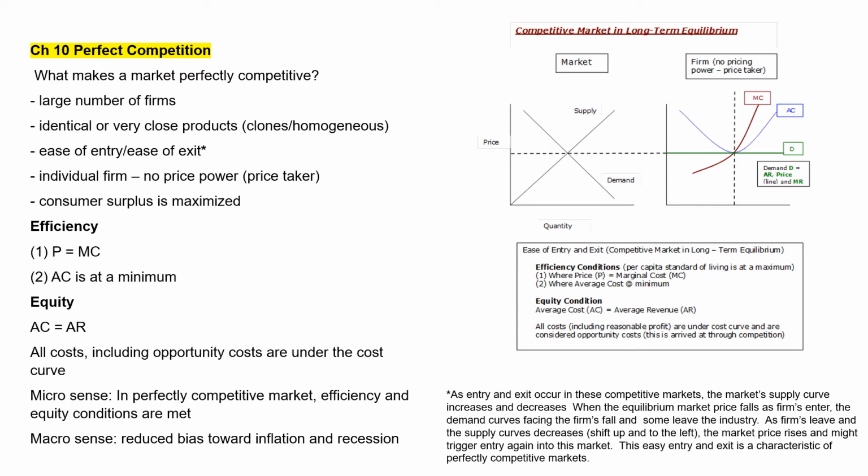What we say is that the consumer surplus is maximized in terms of there being no excess taken away from the consumers, meaning that there's virtually zero producer economic rent or producer surplus, excuse me. So that's the reference to that consumer surplus.